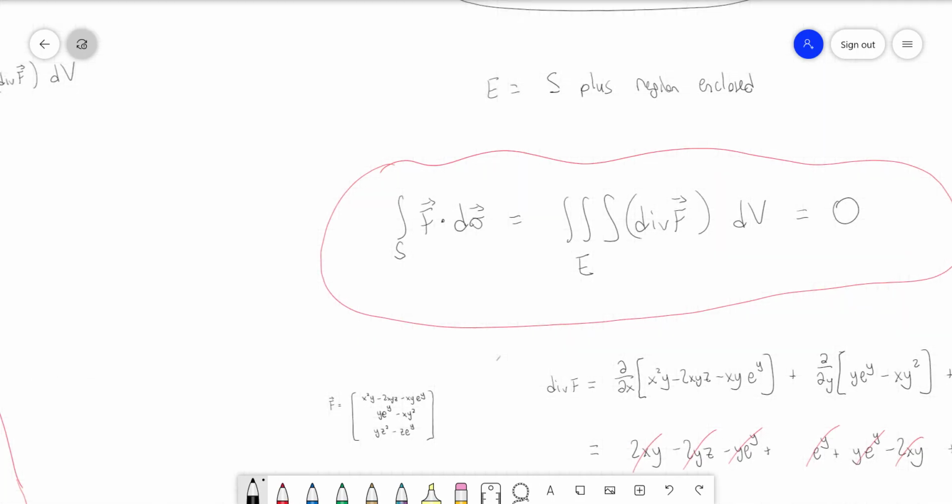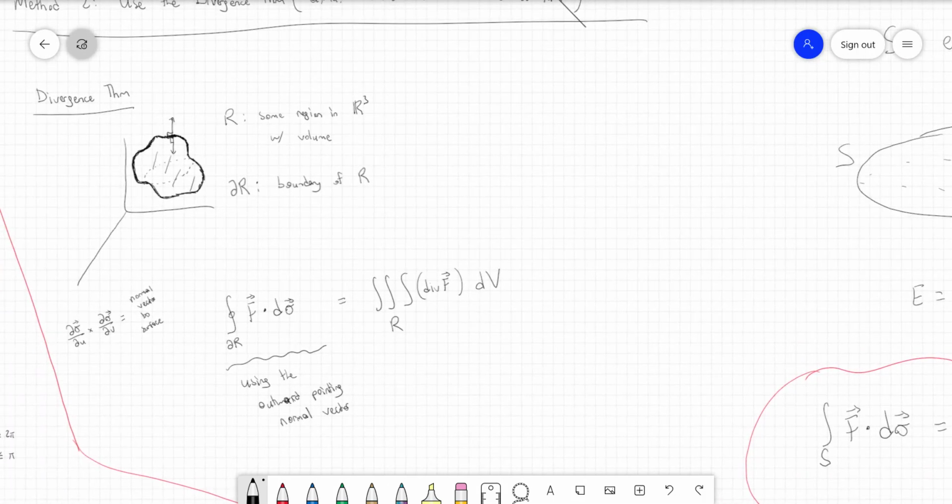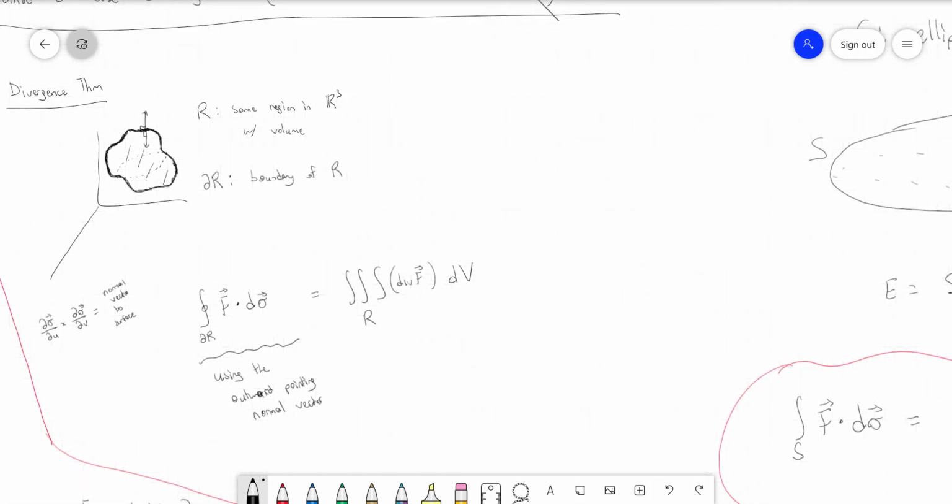So just to recap, I think the important part is the divergence theorem. If you have a surface which encloses some volume, then to evaluate the flux integral of a vector field over that surface, if you orient it with the outward pointing normal vector, you can evaluate that integral as a triple integral over the region enclosed by the surface of the divergence of your vector field.